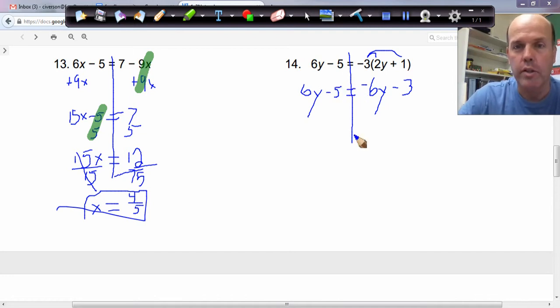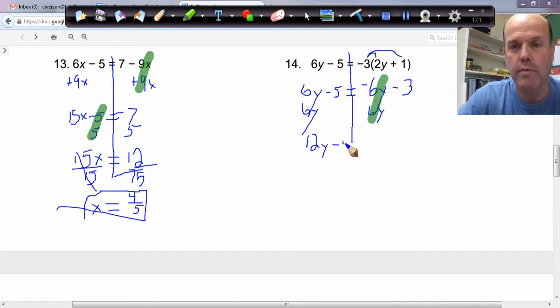Alright, so look at the 6y's. Which one's the smaller? The negative. So let's move it. So let's add 6y to both sides so that we don't have any negatives. So those are going to cancel. 6 plus 6 is, very good, it's 12.